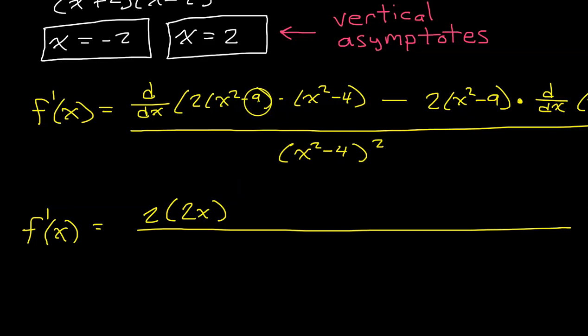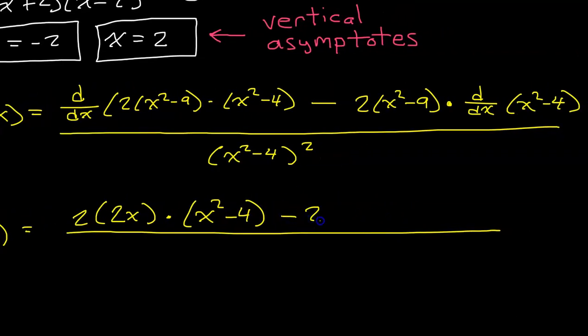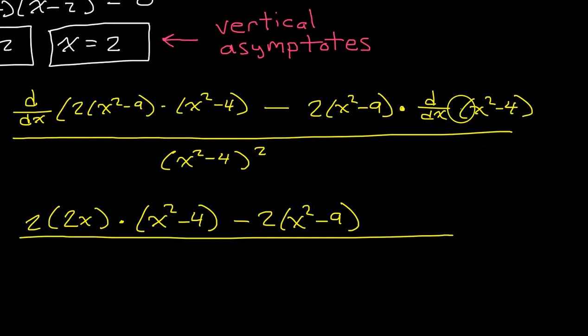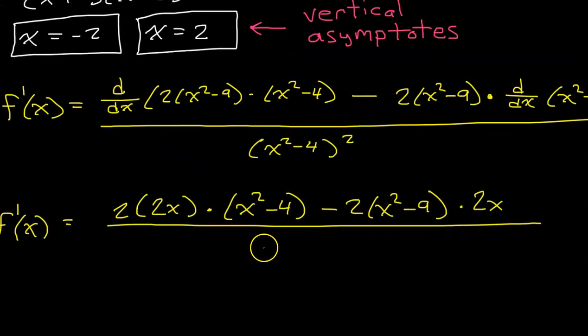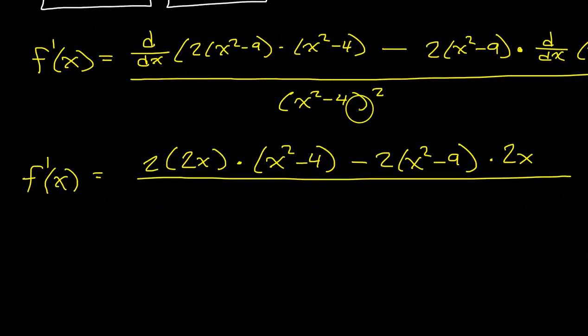And the derivative of a constant is 0, so that's all gone. And we still have times x squared minus 4. All right, time to take the derivative of this expression, which again will just be 2x. And in the denominator, we will just leave this x squared minus 4 squared for now.